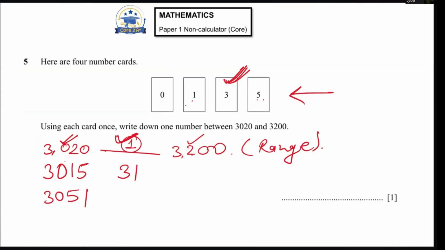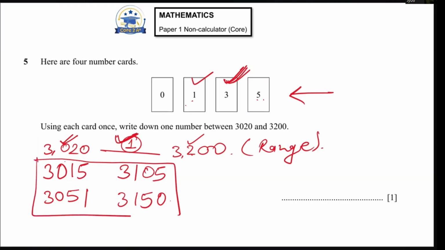After fixing 3 and 1, the other numbers we have are 0 and 5, so 3, 1, 5, 0. Is any other number possible? No, not at all. There are only 4 numbers possible.